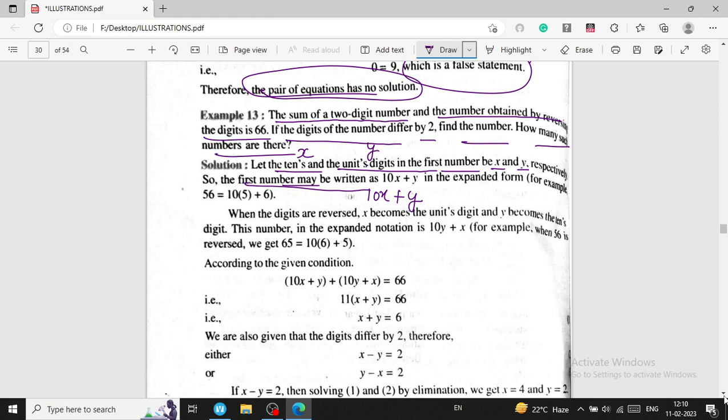Now when we reverse the digits, we will find the new number 10y plus x.